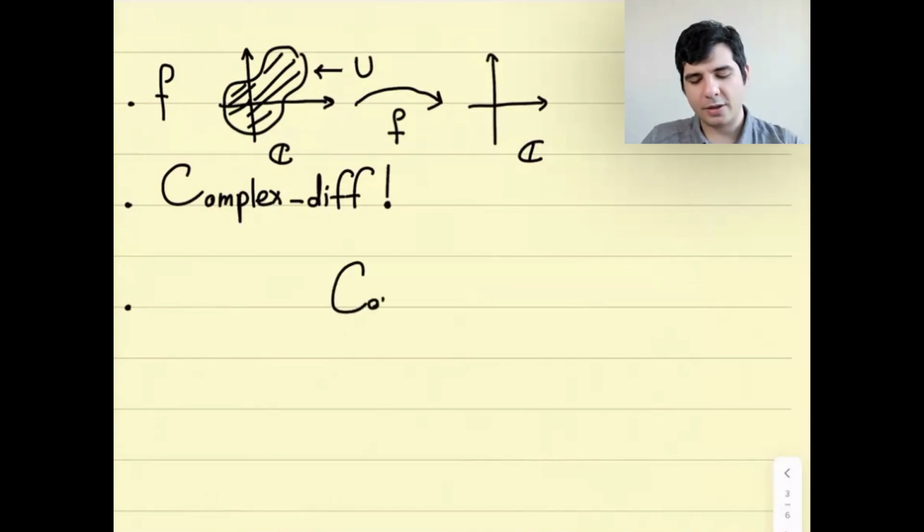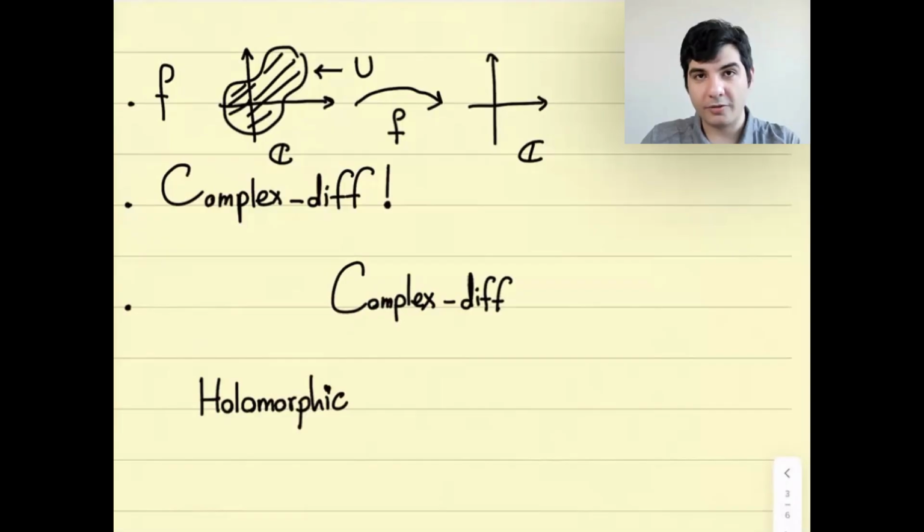So the main thing we are going to discuss is the notion of complex differentiable function, which I'm going to define today. We are going to learn another equivalent way of thinking about complex differentiable functions. It's called the holomorphic function. So there is a closely related notion called holomorphic.